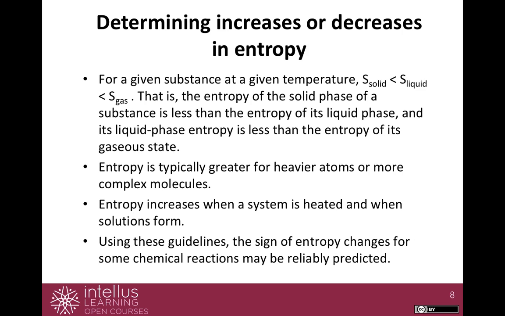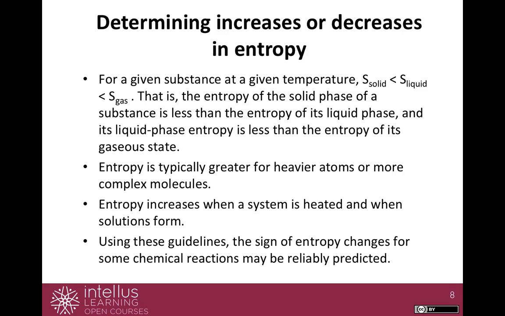It is difficult to compare across substances. However, any reaction that has more gas moles as a product will have an increase in entropy. Entropy is typically greater for heavier atoms and more complex molecules because they have a lot of different ways they can rotate, or they can be twisted and turned and pulled and pushed.